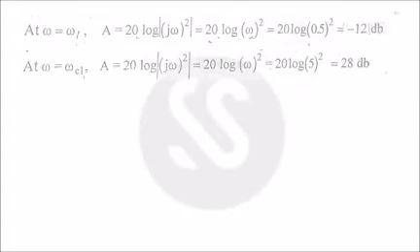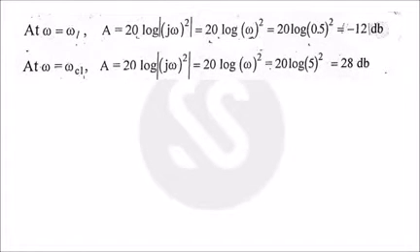So what happened? We need to put the value of omega L in place of omega. So j omega squared equals omega squared, because j squared equals minus 1 into minus 1 equals 1. So 20 log 0.5 squared, you get minus 12 dB.